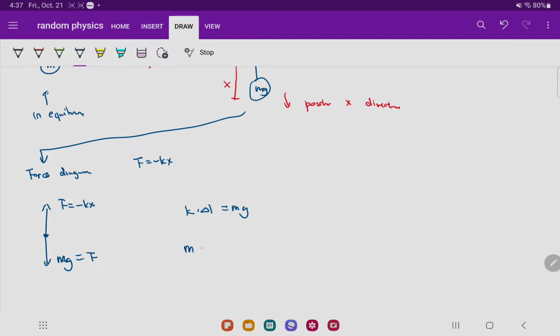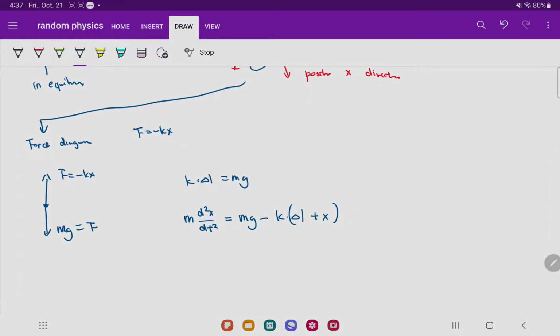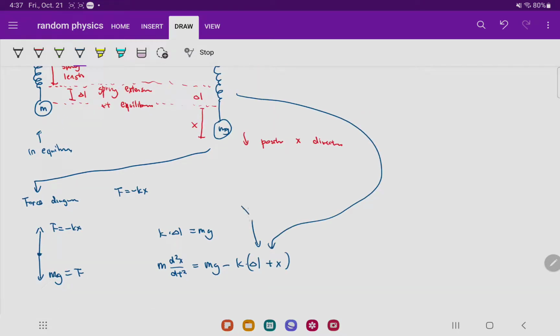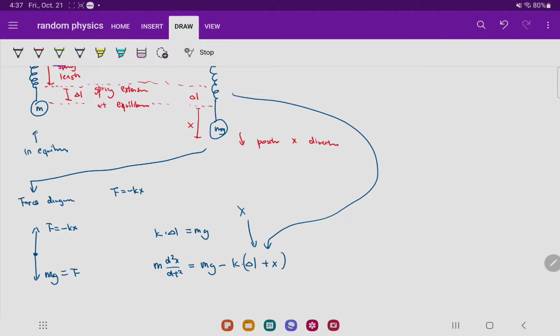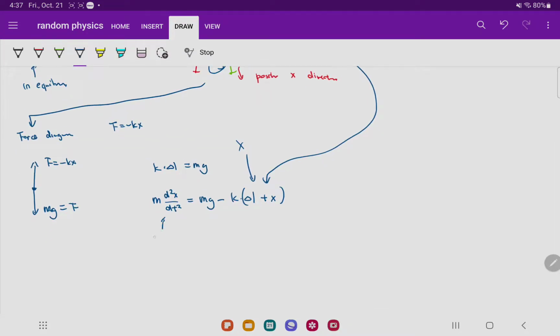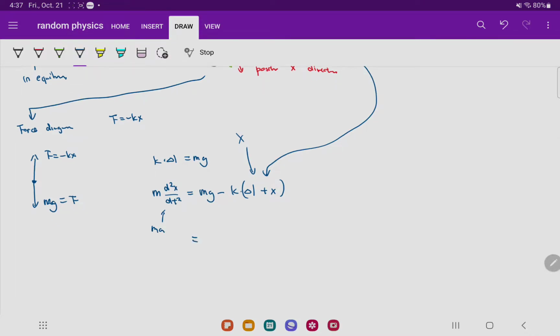So that's going to be m times the second derivative of x equal to mg minus k times the spring extension at equilibrium plus x. That's pretty important, because our total displacement in this case is the extension at equilibrium plus x. So we fill that in there, right? So this is ma.